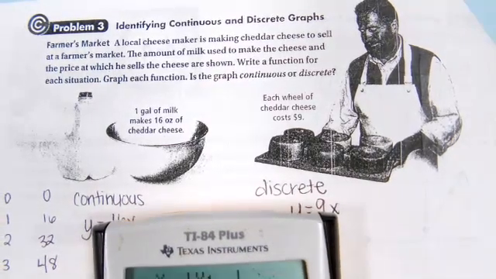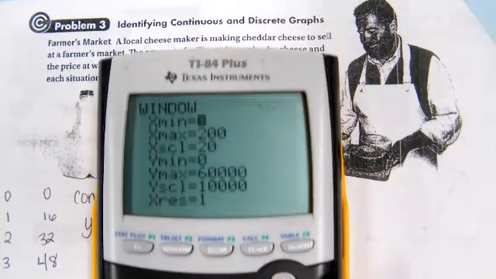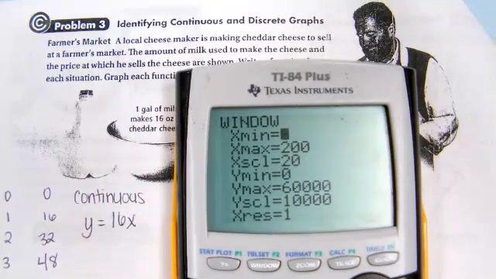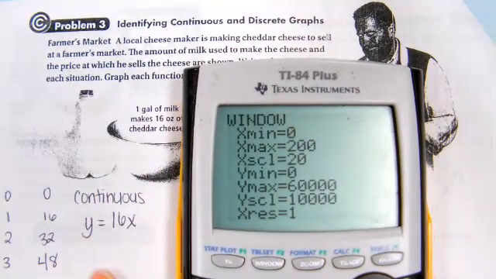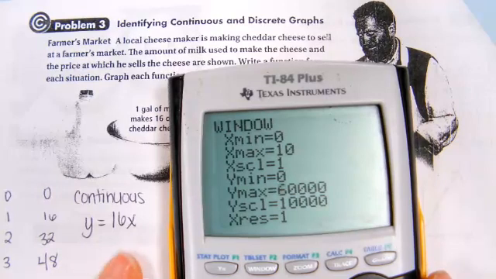Now, the difference, let's see, right? In your calculator, go back to your window. We got to change it again. All right, think about the window here, right? All right, so let's do 16x. So we're going to have a minimum of 0, right? Our maximum, let's make it 10, right? And go by ones. Our y minimum is going to be 0 again, but our maximum is not going to be 60,000.